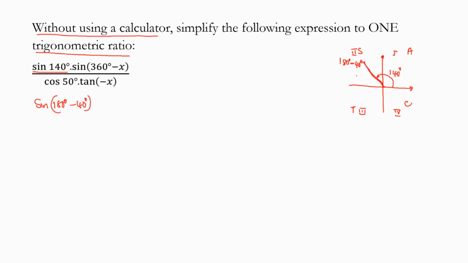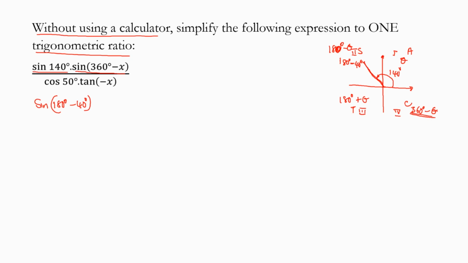Okay, just remember that in quadrant 1, let me use theta, there's theta. Quadrant 2 is 180 degrees minus theta. Then quadrant 3 is 180 degrees plus theta. Then quadrant 4 is 360 degrees minus theta. Okay, right, and then we come to sine 360 degrees minus x, which is in quadrant 4. You see, it is in this form.